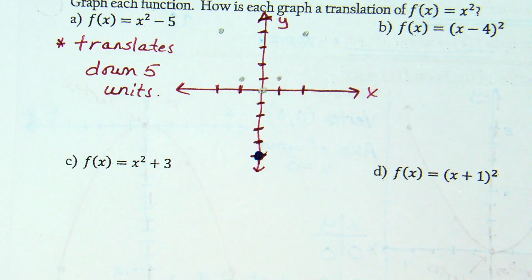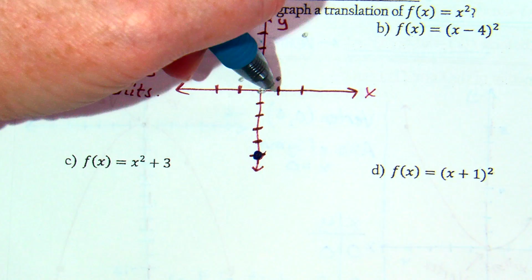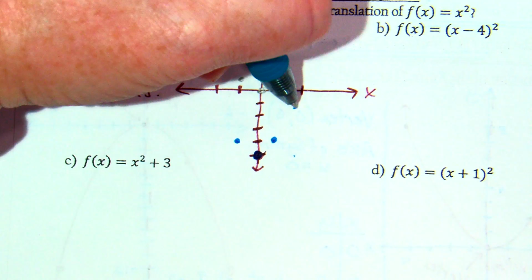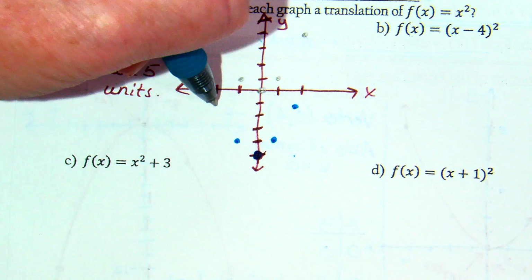From my vertex, what do I do? Over 1, up 1, and over 2, up 4. That's how I like to teach it. If you don't like that, then move the individual dots. So over 1, up 1, over 1, up 1, over 2, up 4, over 2, up 4.